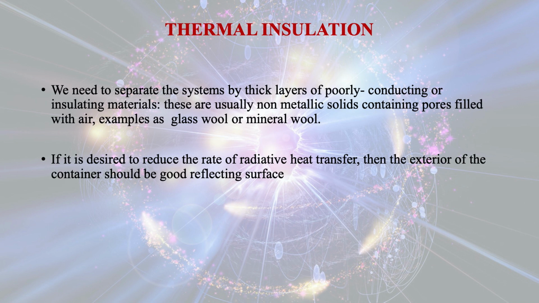Examples are glass wool or mineral wool. If it is desired to reduce the rate of radiative heat transfer, then the exterior of the container should be a good reflecting surface. Now you see that insulation is required for air conditioning systems also. Suppose you are in a place where an air conditioning system is already there.